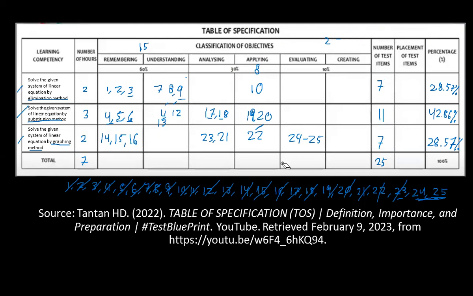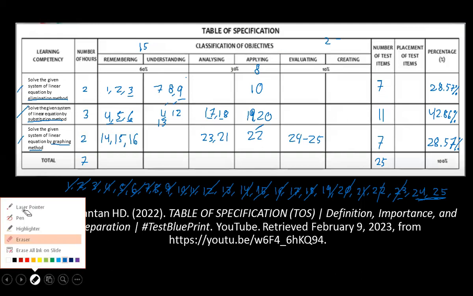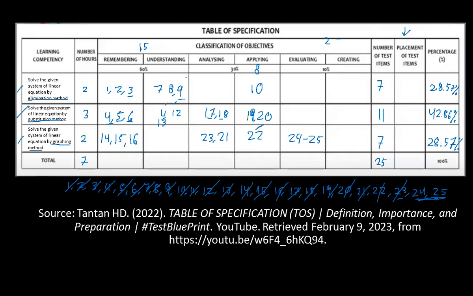Ngayon, paano naman dito sa placement of test items dito sa column na to? So actually, pwede man. Okay. Itong ginawa natin dito kanina, yung pag-fill in ng mga numbers dito or items is almost the same natin gagawin dito sa placement of test items.